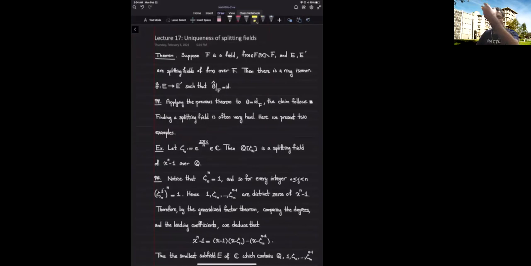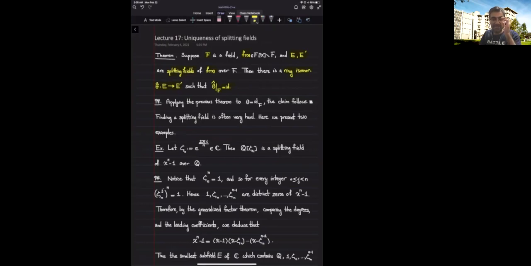If I start with a field F and a polynomial small f, and I give you two splitting fields of this polynomial, then there exists a ring isomorphism between these splitting fields such that over F I just get the identity. I don't change it. So alternatively, I can say that theta hat is an F-linear map.